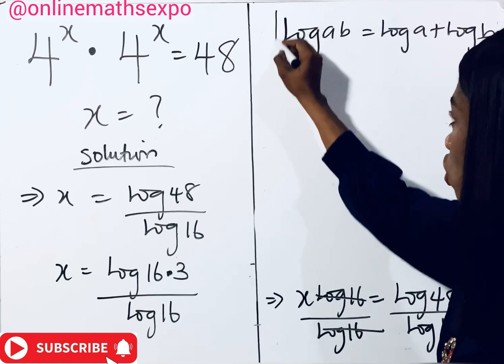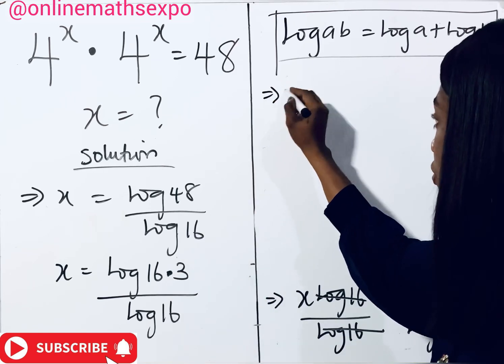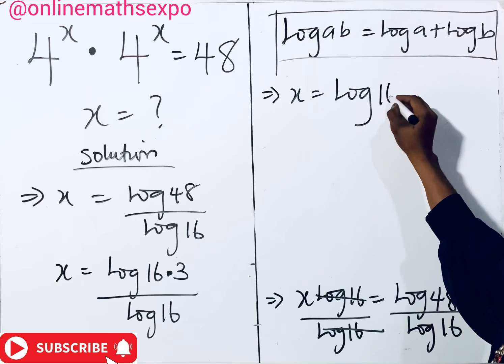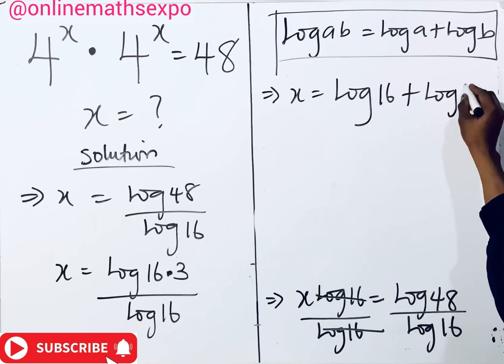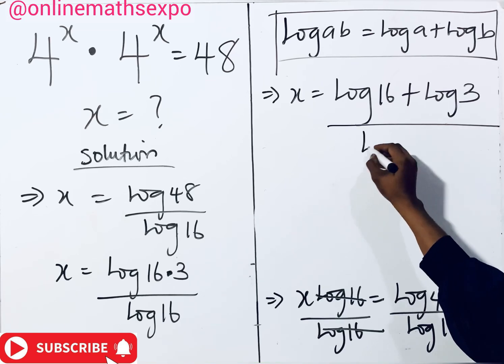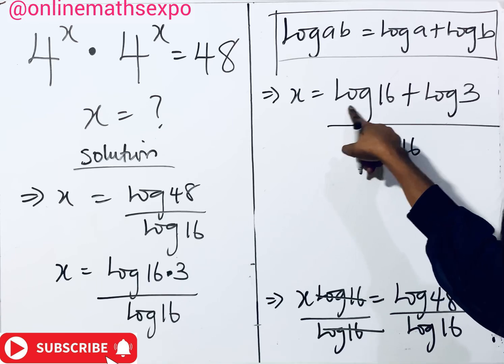Did you see that? Applying this rule here, we're going to have x is equal to log of 16 plus log of 3, I hope you are with me, then divided by log of 16. So this denominator can divide both.